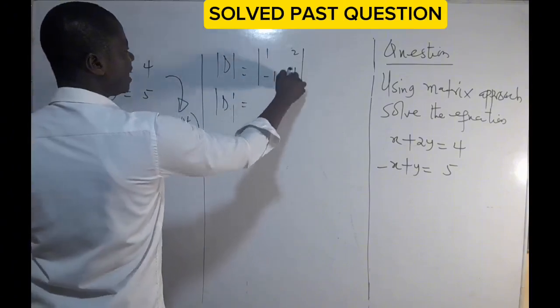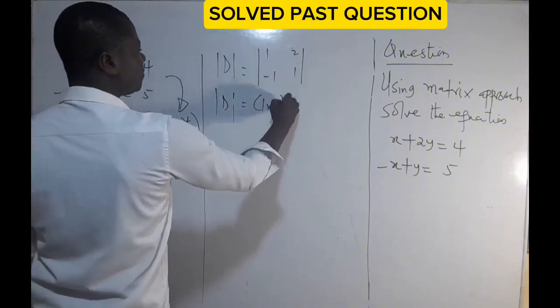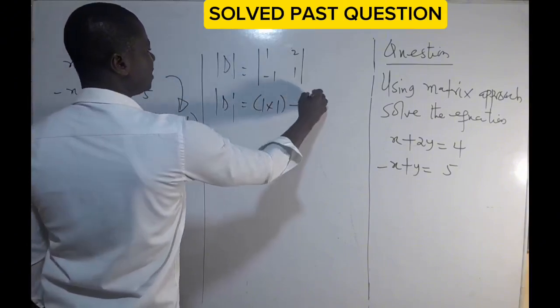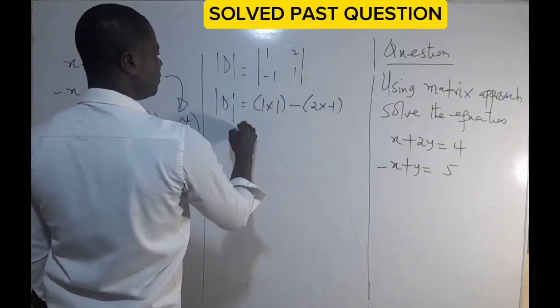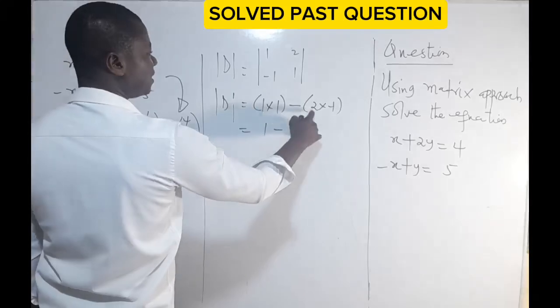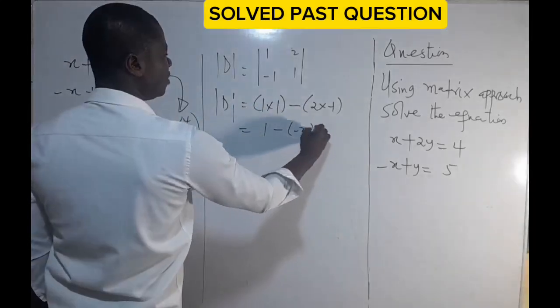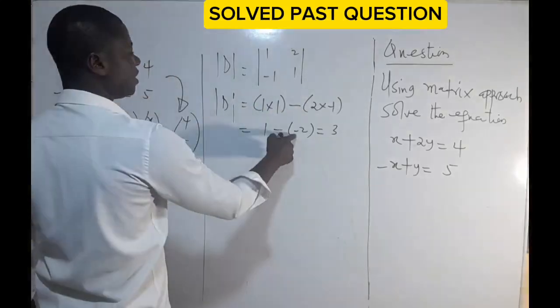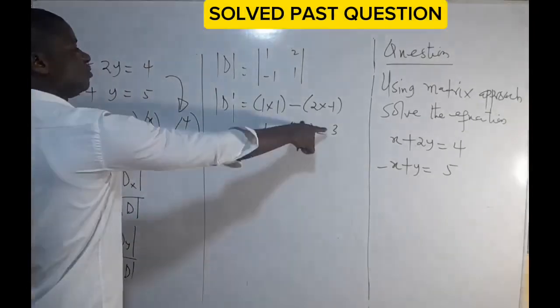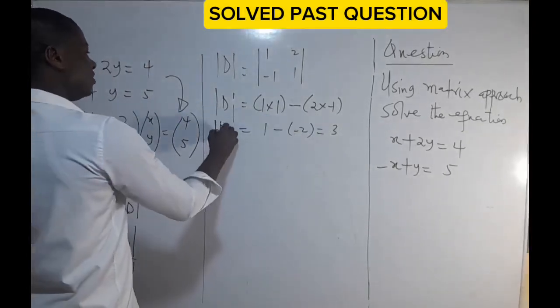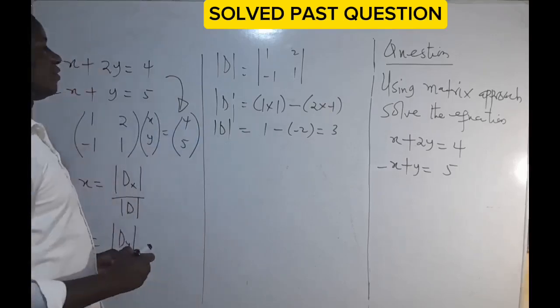The first element times the fourth element, that is 1 times 1, minus the second times the third element, that is 2 times minus 1. 1 times 1 is 1, minus 2 times minus 1 is minus minus 2, and this will give you 3, because minus 1 times minus 2 is plus 2. So 1 plus 2 will be 3. So the determinant of d is equal to 3.